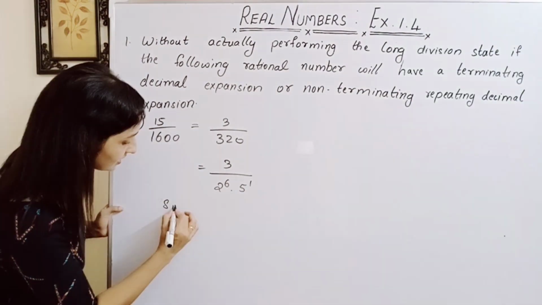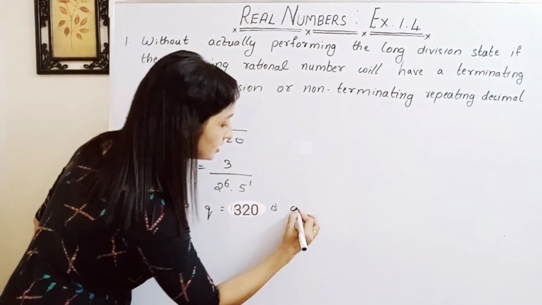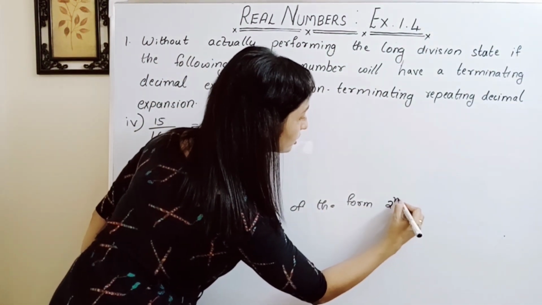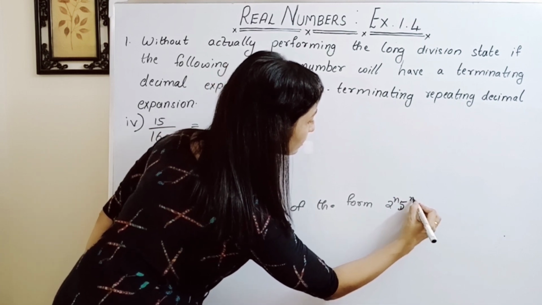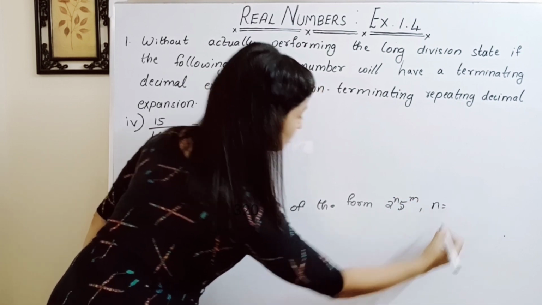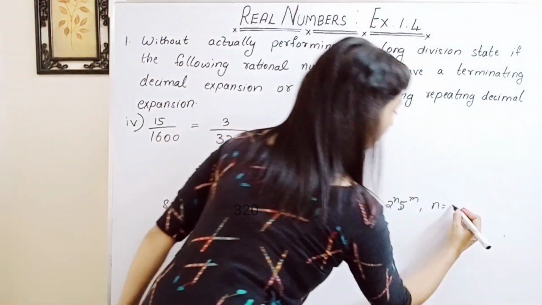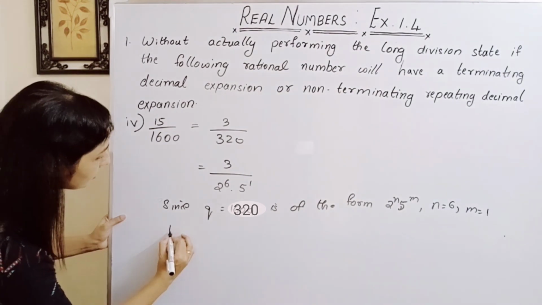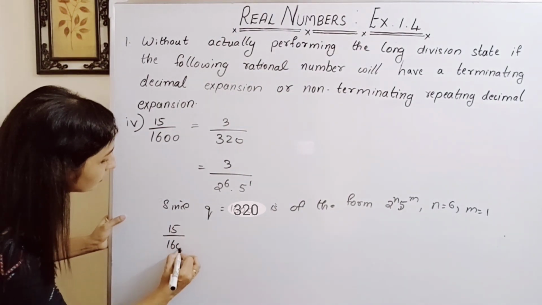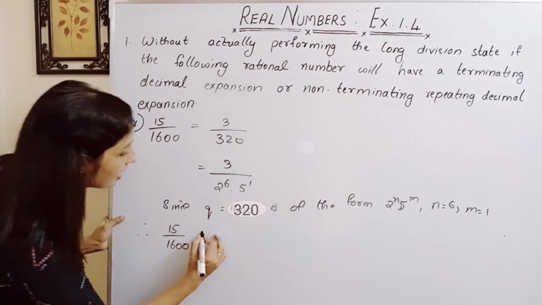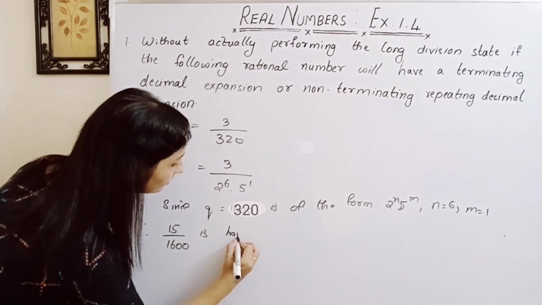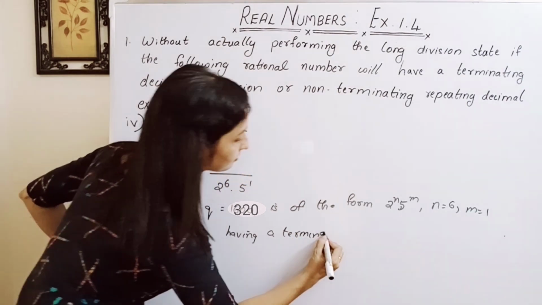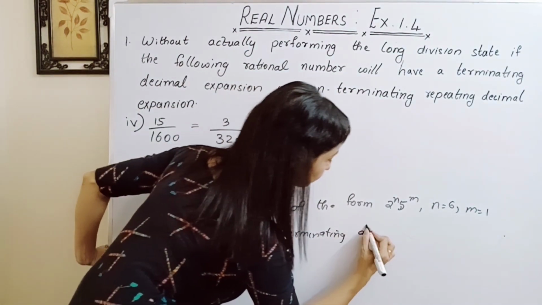So since our q is of the form 2 raised to n into 5 raised to m, where n is equal to 6 and m is equal to 1, then our rational number 15 by 1600 has a terminating decimal expansion.